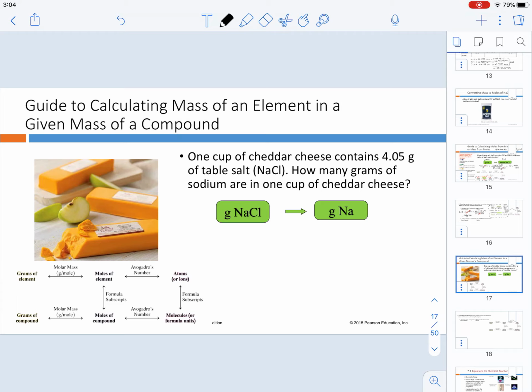But if you consume on a daily basis more than 2 grams, it is known that it can have very serious repercussions to health, including high blood pressure, water retention, and complications with that. So at times in our diet, when you look at food labels, it tells you how much sodium you have per serving. And it's because they're doing this calculation, separating, even though table salt has sodium and chlorine, how much sodium in particular it will have.